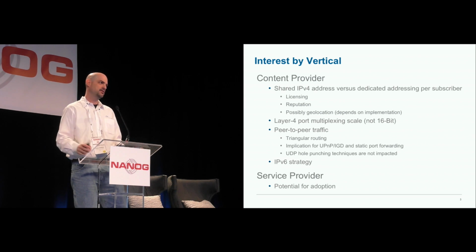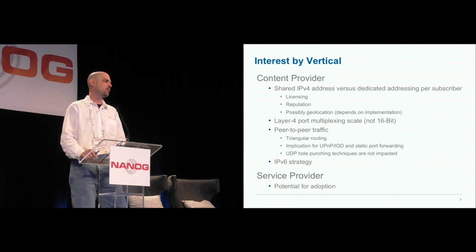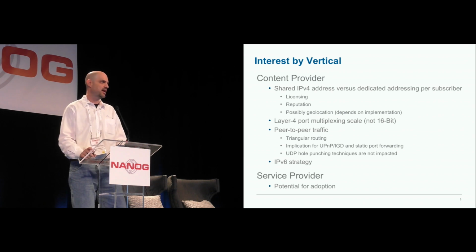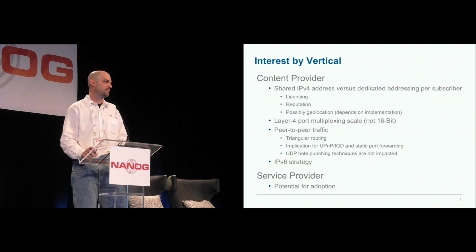And eventually, shared IPv4 is going to be a more significant consideration, especially for the content providers. Why? Well, if you're doing licensing based on IP address, this is something you're going to have to consider in a shared IPv4 addressing world.